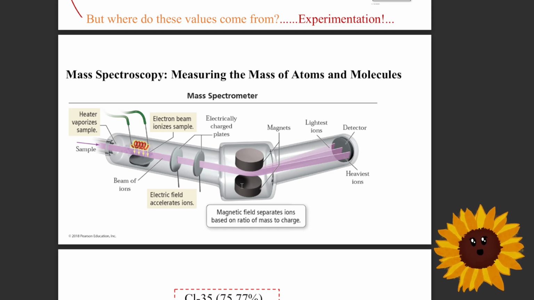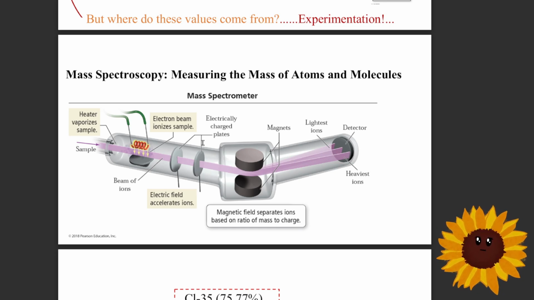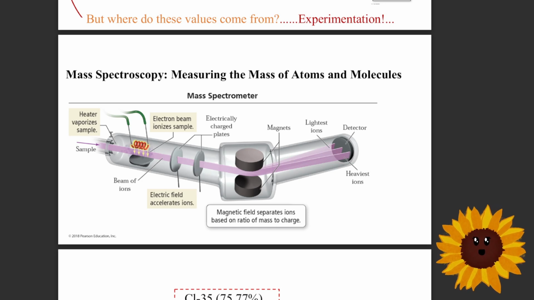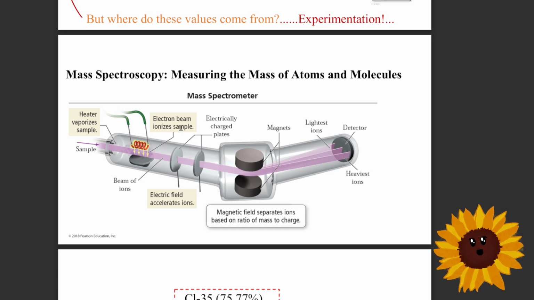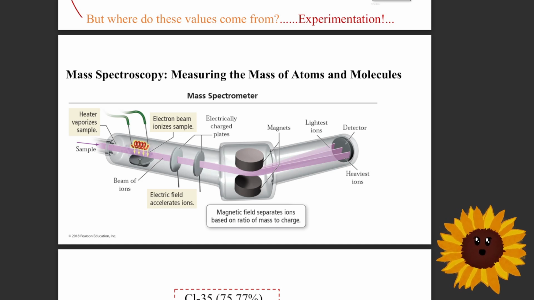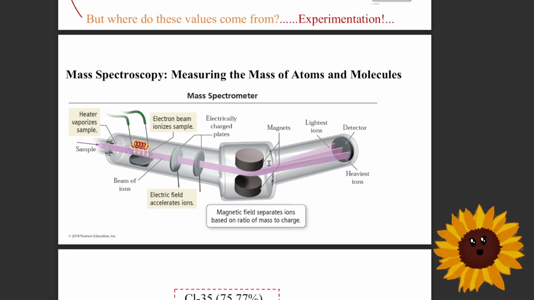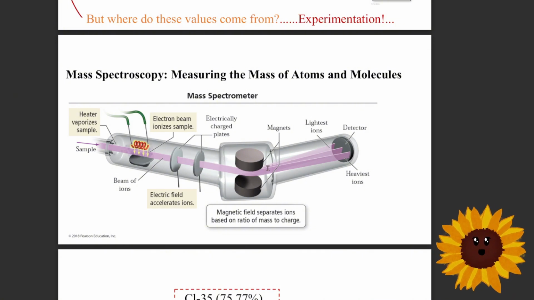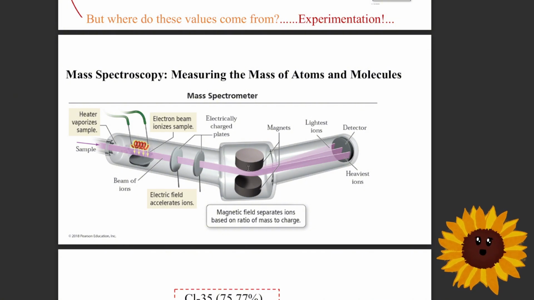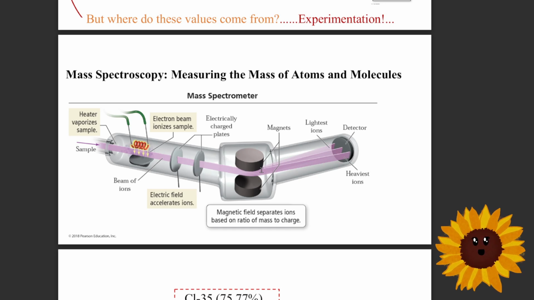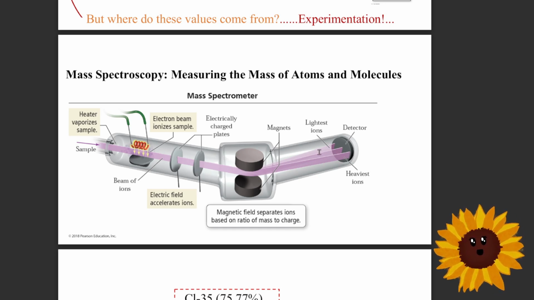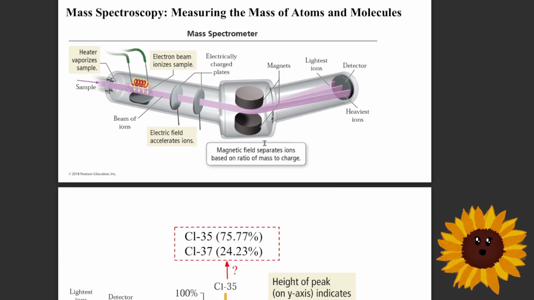As we can see here, a sample goes through and a heater vaporizes it, and the electron beam ionizes the sample, and it gets accelerated, goes through some magnets, and then, as we saw before, kind of like with Rutherford's gold foil experiment and the other experiment, it gets separated, and the lightest ions hit the left side of the detector, and the heaviest hit the right side. So basically it separates ions based on how much they weigh.